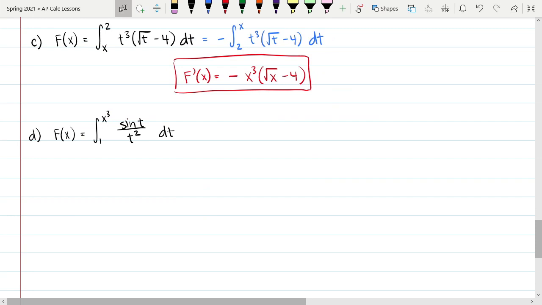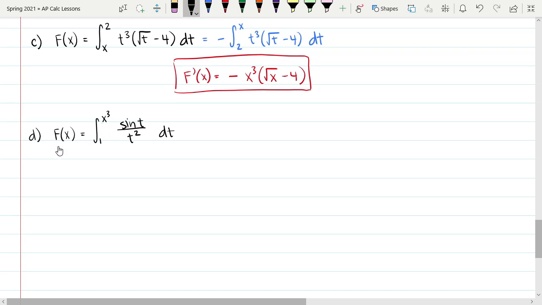Okay, so what about this situation? So I have big F of x equals the integral from 1 to x cubed of sine t over t squared dt. So again, this is very similar to what we want. My lower limit is a constant. My upper limit does have an x in it, but the problem is it's not just an x. It's more than an x. And that should sound familiar to you.